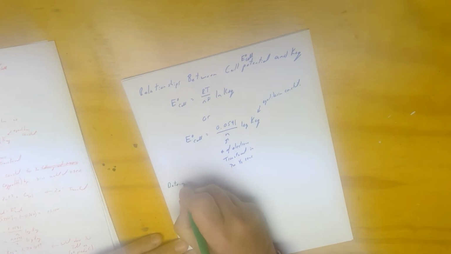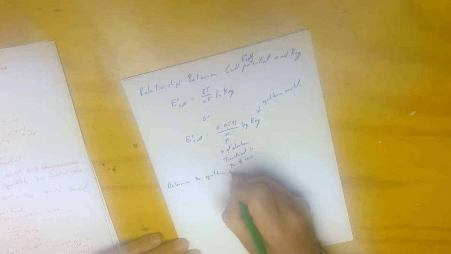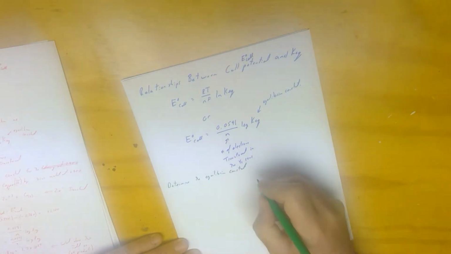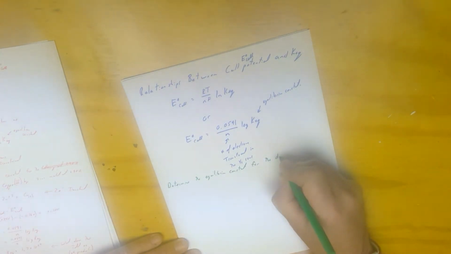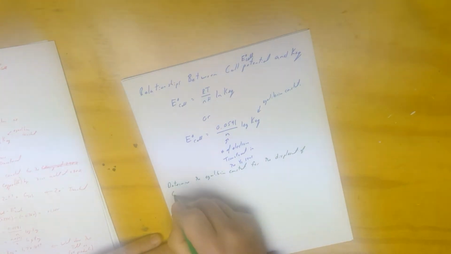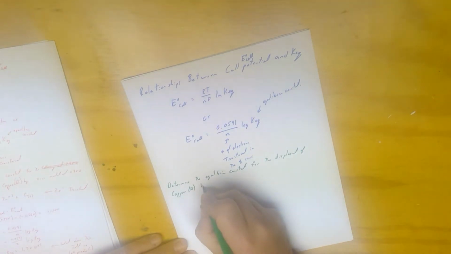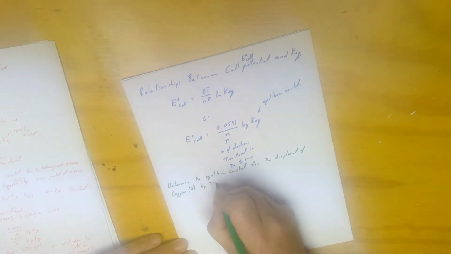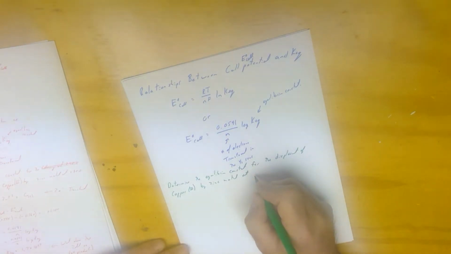Determine the equilibrium constant for the displacement of copper 2 by zinc metal at standard conditions.